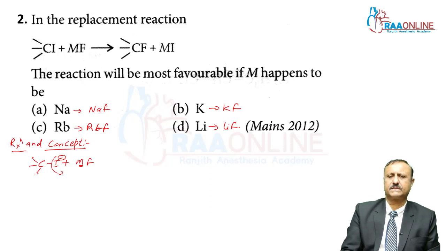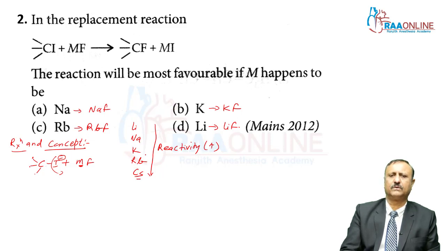The concept is that going from top to bottom, lithium, sodium, potassium, rubidium and cesium, the reactivity increases. So my dear students, sodium is less reactive than potassium, potassium is less reactive than rubidium, and rubidium is less reactive than cesium.